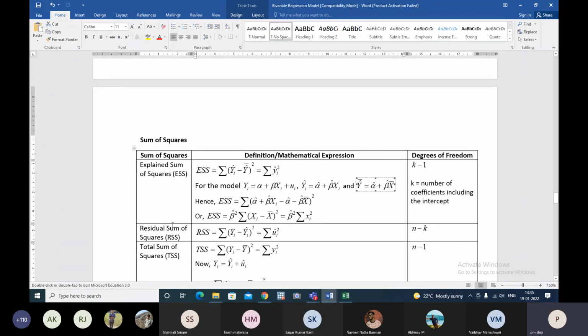Now, what is the residual sum of squares? Residual sum of squares is the sum of the squares of deviation between yi and y hat I. So it is summation of u hat I square.